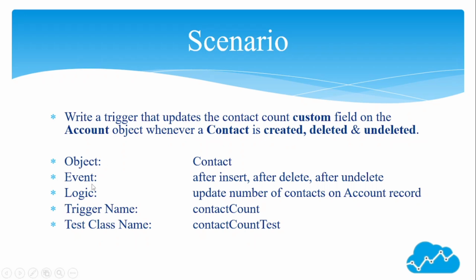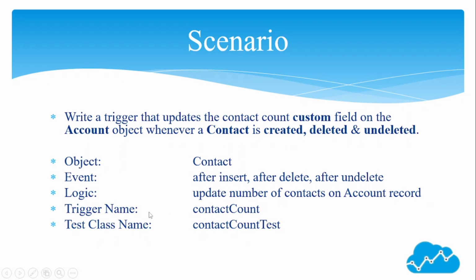So the event would be after, and the DML operation would be insert, delete or undelete. What will be the logic or condition we have to write here? Update the number of contacts on the account record. On the account object there is a contact count field, and that field must be updated whenever the contact is created or deleted or undeleted.